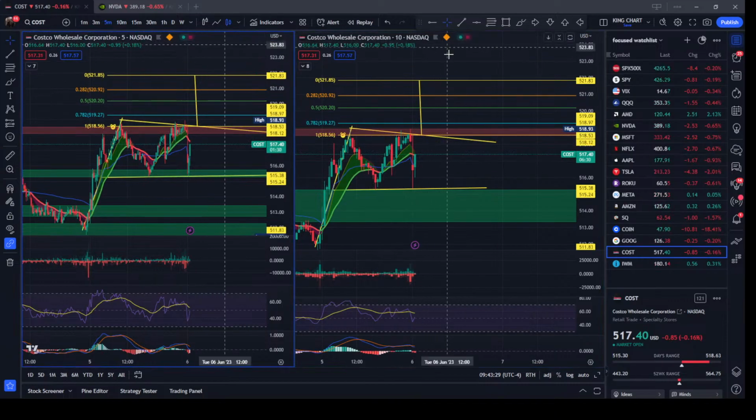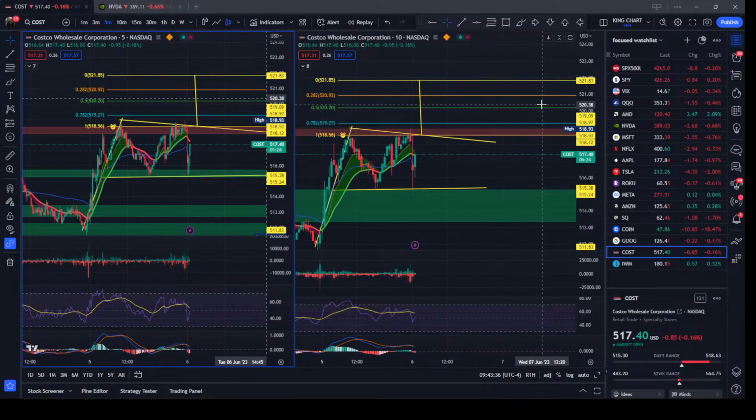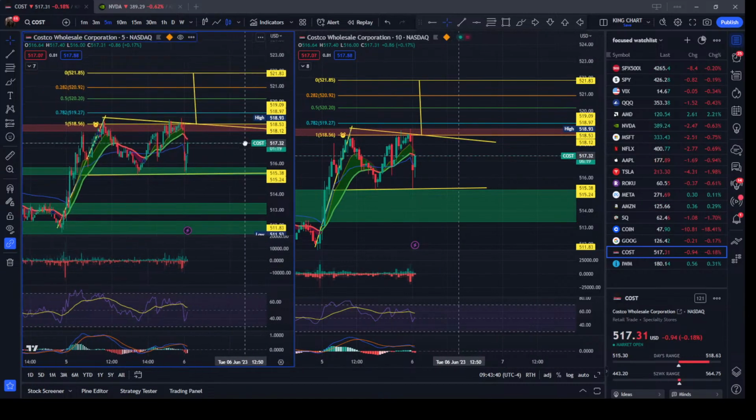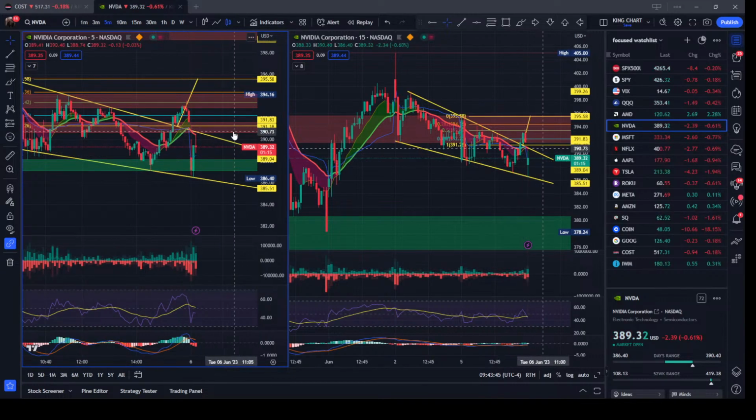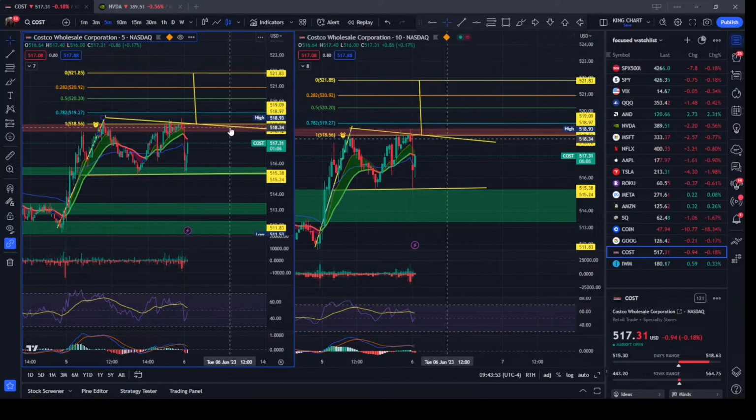Always want to play with the trend, and the trend for me is always best found on the 15 if I'm a day trader. If you're a swing trader, it's better to look at probably the 4 hour, the 1 day time frame. Yeah, this would be a really good play. Let me get a contract up so I can see what we're gonna play in case Costco does break out.